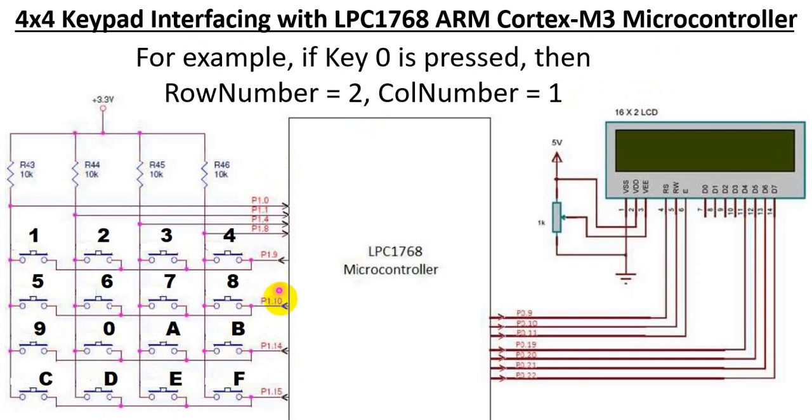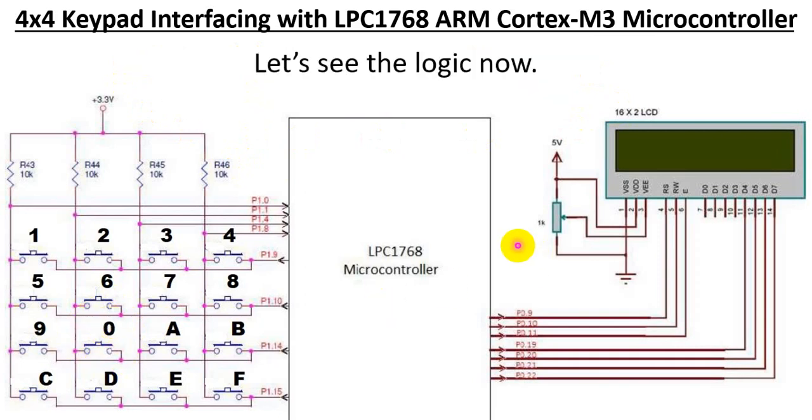Right? This is row number 0, row number 1, row number 2, and this is column 0, column 1. So it is column 1. So once you find out this row number and column number, we will be able to identify which key has been pressed. So we need to see this logic.